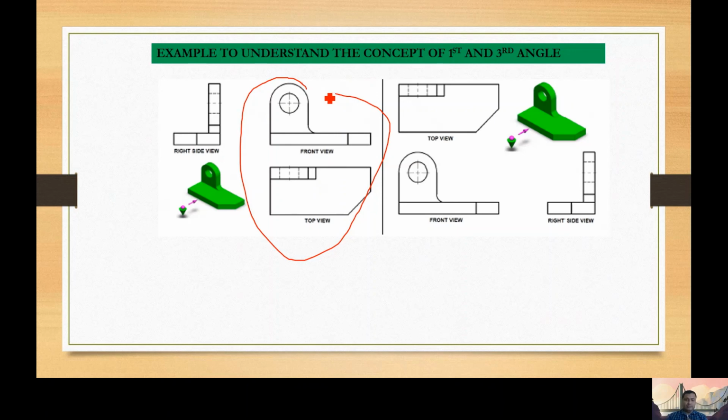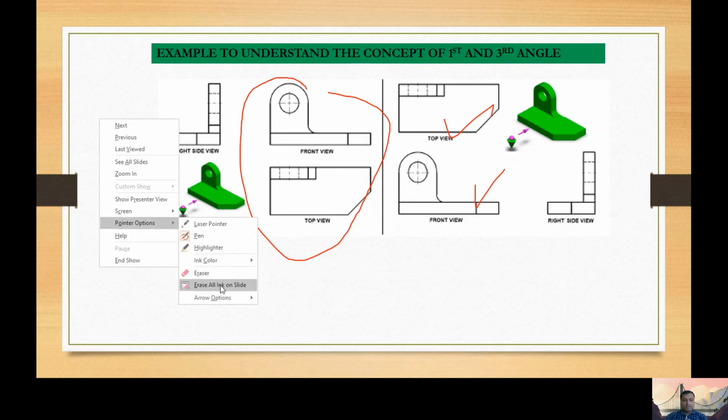So I will be preparing the videos accordingly, the first angle only. You have to concentrate on the first angle: front view above, top view below. And for some objects, if you are going for a side view in orthographic projection, the right side view will be on the left, or you can say the left side view will be on the right of the front. But you should also know the concept of the third angle. Both are reverse to each other.